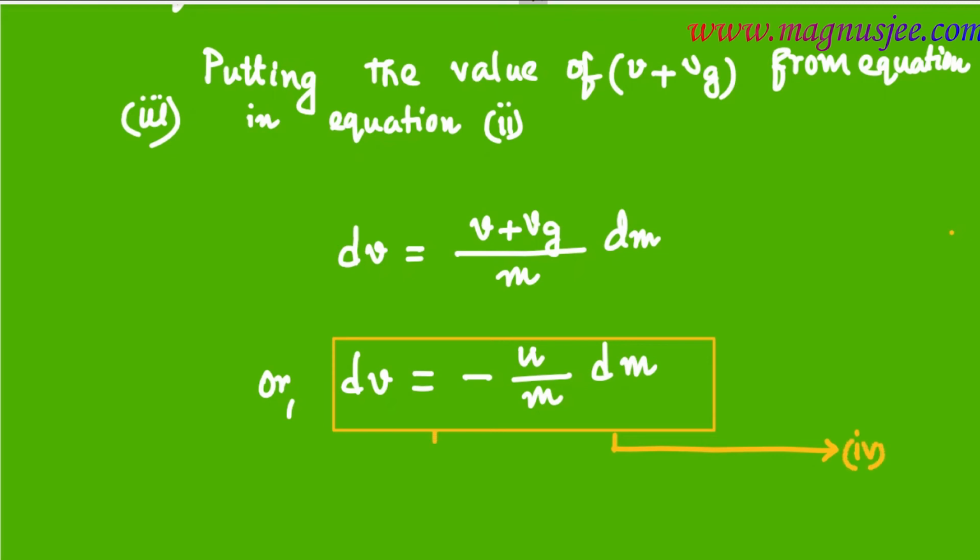Here, the mass of the rocket decreases, but the velocity increases, keeping the linear momentum of the rocket constant. In this case, the principle of linear momentum is obeyed, that means linear momentum is conserved.